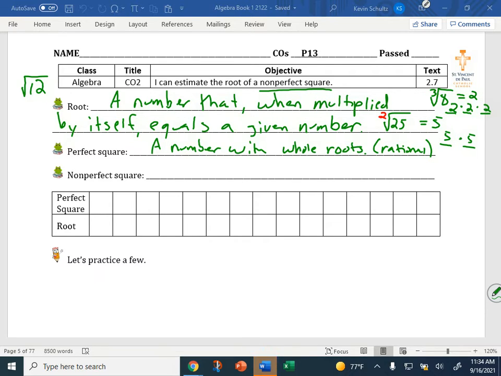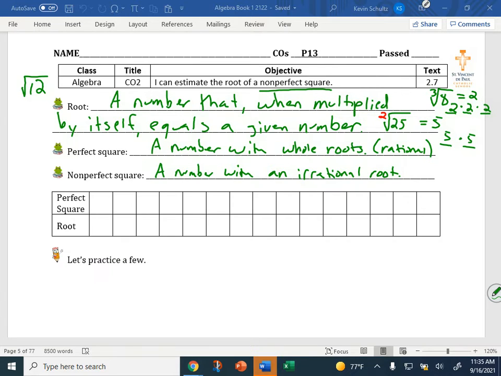Root of 12 is a non-perfect square because its square root is a long, nasty decimal. It doesn't have a whole number root. So a number with an irrational root is a non-perfect square, such as the root of 12.